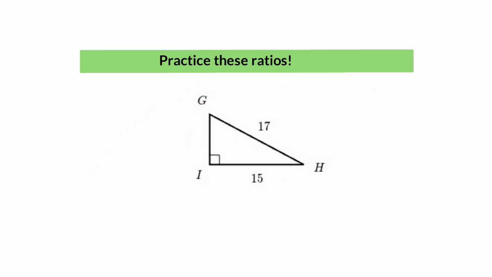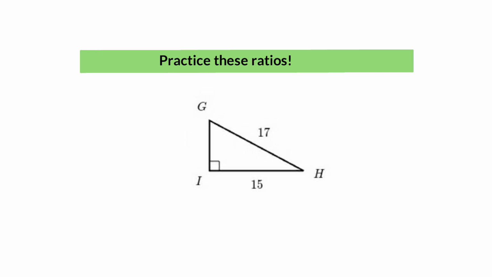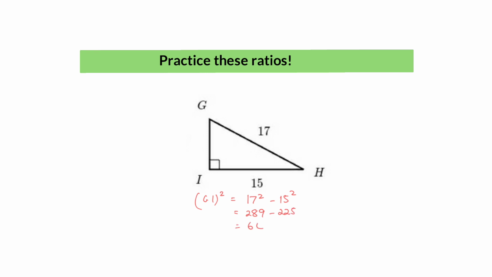We have a triangle GIH with 2 sides given and a third unknown side. Before we start, we always have to get all the sides in the triangle's length. So we're going to say that GI squared is equal to the hypotenuse side squared minus the other side squared. This gives you 289 minus 225, which gives you 64, and GI is equal to the square root of 64, which is equal to 8.